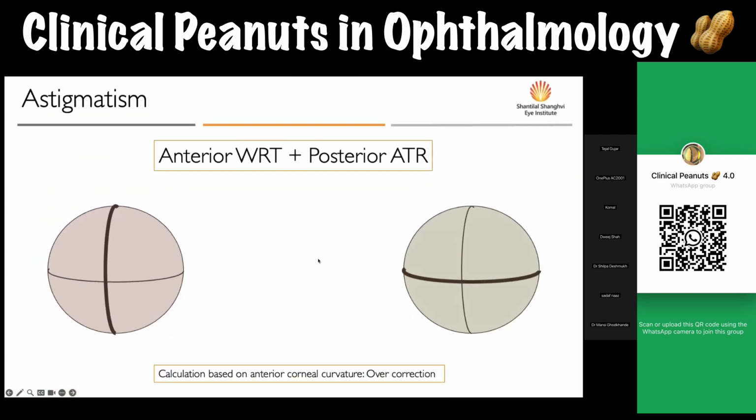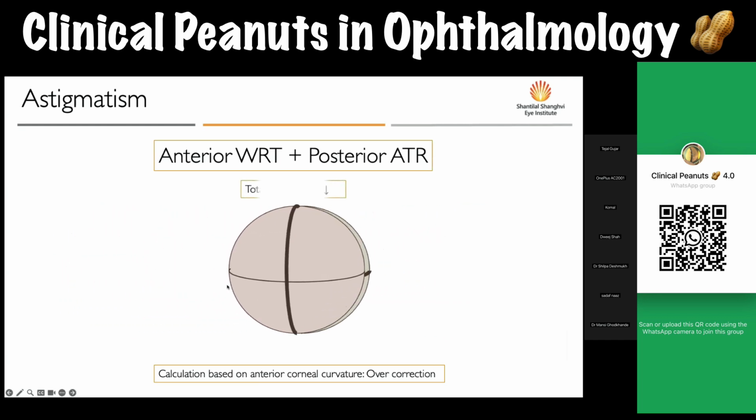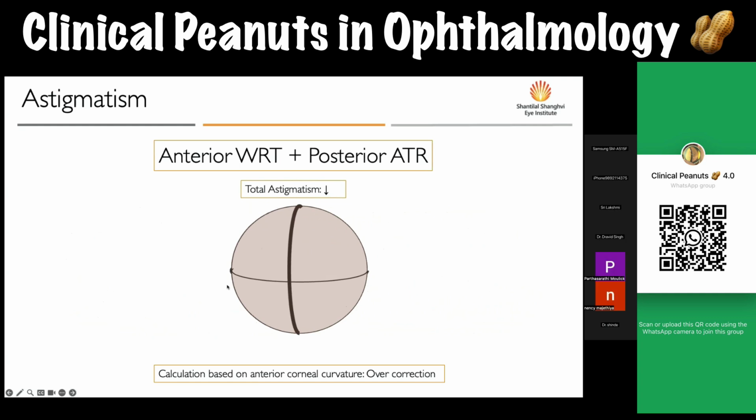So this begets two kinds of scenarios. One where the anterior cornea has a with the rule astigmatism, say a young patient, but an inherent posterior corneal astigmatism which is against the rule. So he's basically steep vertically in the front, that is, he has a with the rule astigmatism on the anterior surface. If you combine the two, the total astigmatism of the eye is actually less than what the anterior measured astigmatism is.